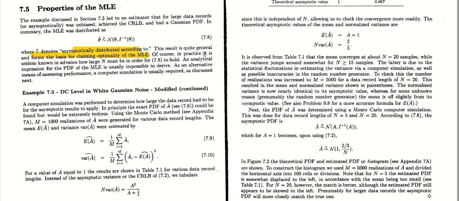Then of course in practice it is seldom known in advance how large N must be in order for this to hold. This is like when you take samples, how many are sufficient? How many are enough, right? Similar things happen in, for example, machine learning. How many samples are enough for training an AI model or a machine learning model?